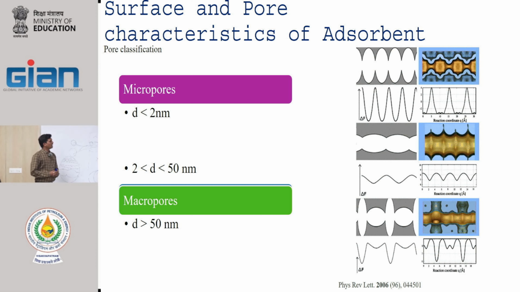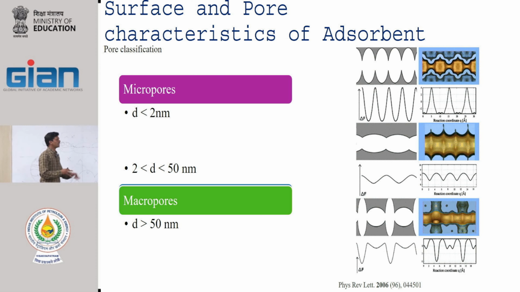Okay. And these are the different types of pores available. What you can see here is that some pores are very smooth, some pores are zigzag, and some pores have large pore sizes followed by small ones. This is called cage type pores, right? It's like a cage.